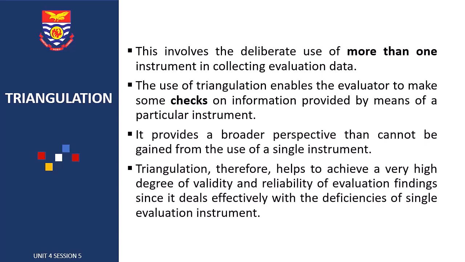Why this method of data collection? This is because it provides a broader perspective that cannot be gained from the use of a single instrument. Triangulation, therefore, helps to achieve a very high degree of validity and reliability of evaluation findings, because it deals effectively with the deficiencies of single evaluation instruments.